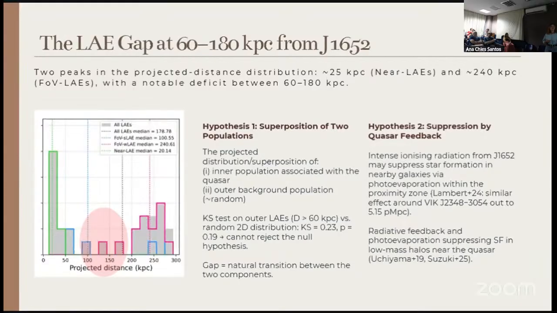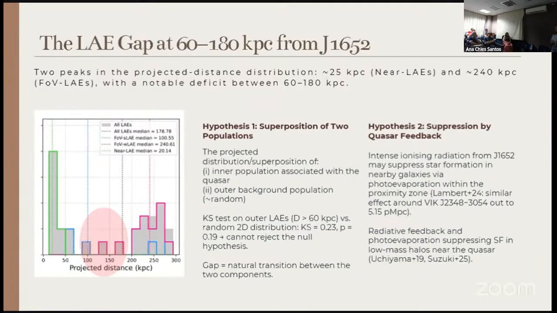You cannot exclude this. This gap probably will be a natural transition between 2 components or two environments. Another hypothesis is that the lack of Lyman-α emitters in this region is a suppression of the star formation rate due to the quasar feedback.